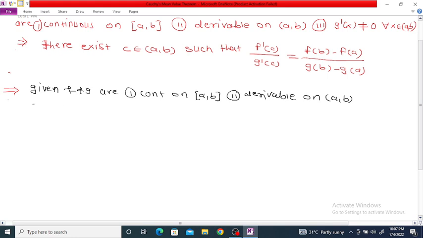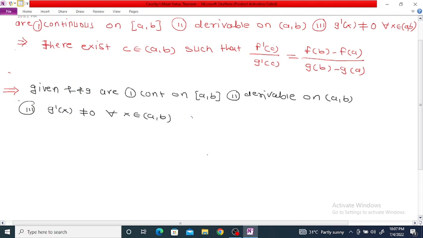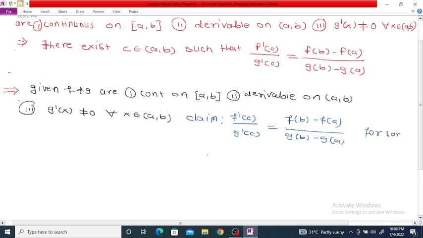And number three, g'(x) is not equal to 0 for every x belonging to (a, b). And our claim is that we want to prove f'(c) divided by g'(c) is equal to f(b) minus f(a) divided by g(b) minus g(a) for some c belonging to the open interval (a, b).